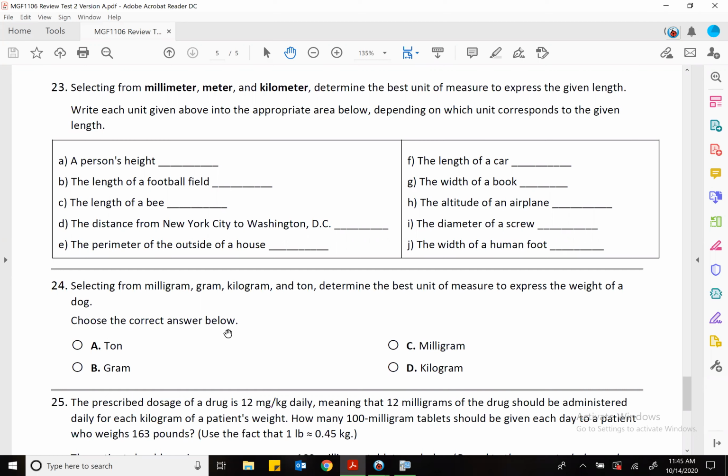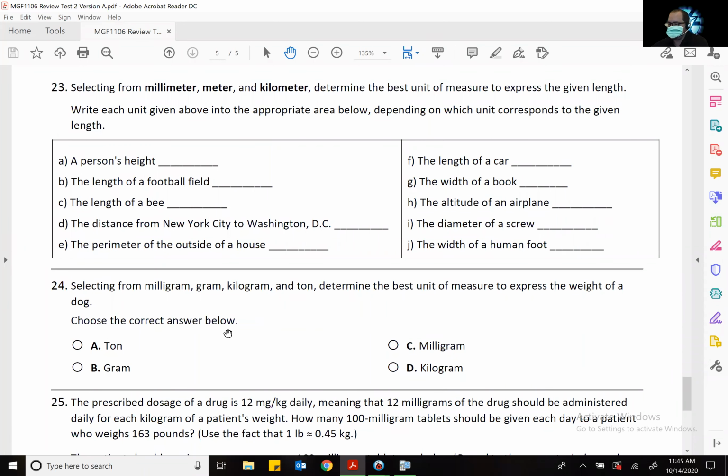The distance from NYC to Washington, D.C. Perimeter of the outside of a house.